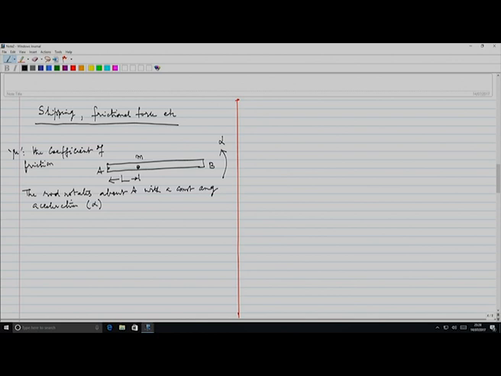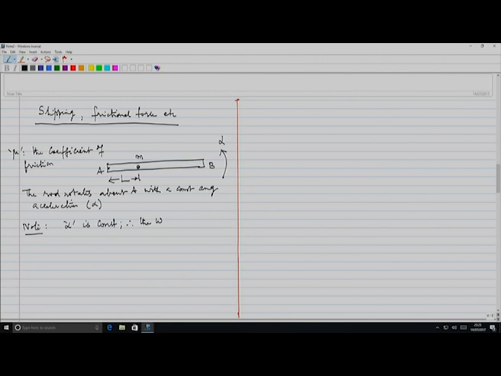Now, first thing we should note: alpha is given to be constant. Therefore, the angular velocity is not constant.